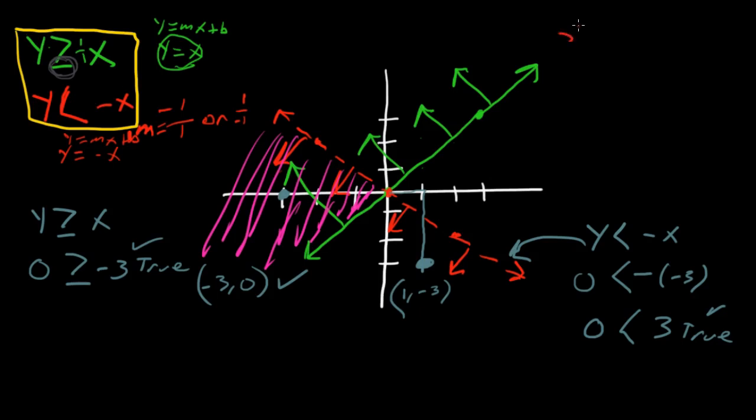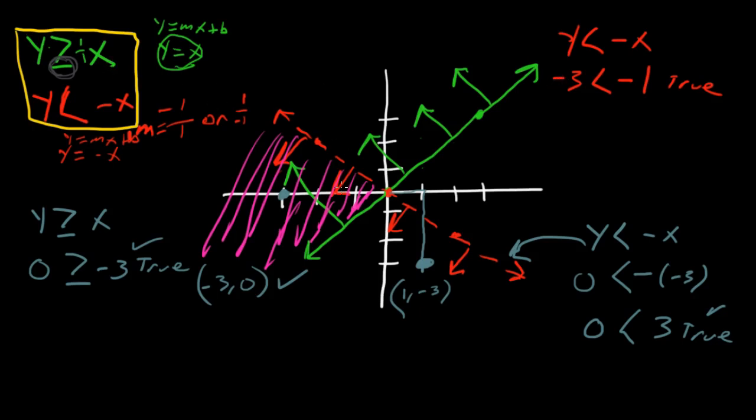The red inequality is y less than -x. This is 1, -3, so we're going to plug in a -3 for y, less than -1. Is -3 less than -1? According to the shading here, it should be. And -3 is less than -1. That is true.